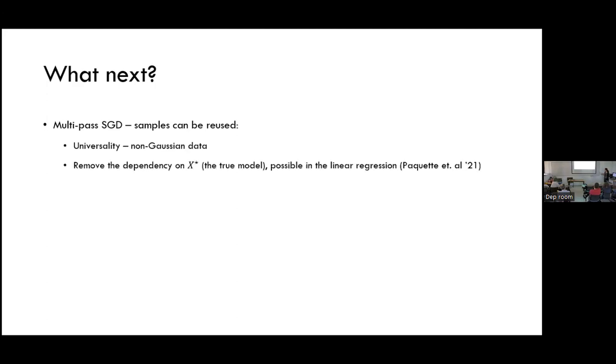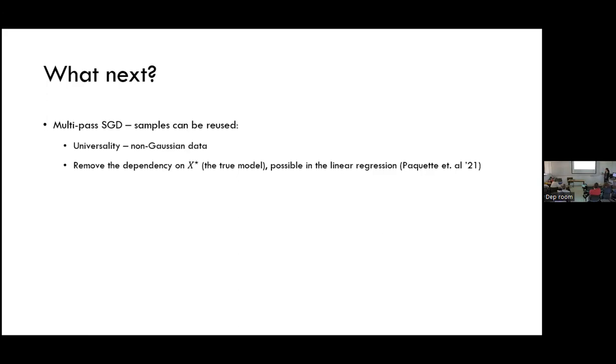So we do believe that this can be generalized, and we expect that we can get a more universal result. But I think this will not be the hard part.